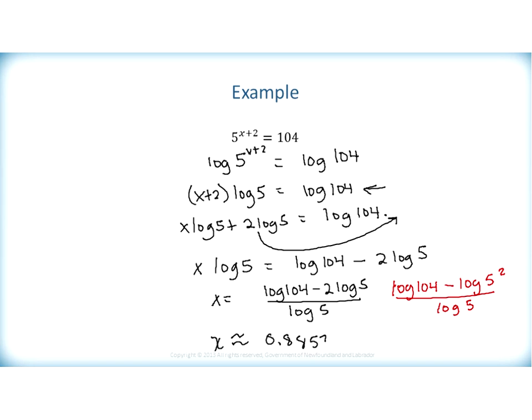And then in continuing with the laws, I could say that that's log of 104 over 25 divided by log 5. Using the laws of logs, I will combine the difference here by doing the quotient. And then if I take the log of 104 over 25 and divide it by log 5, I would still get the 0.8857.